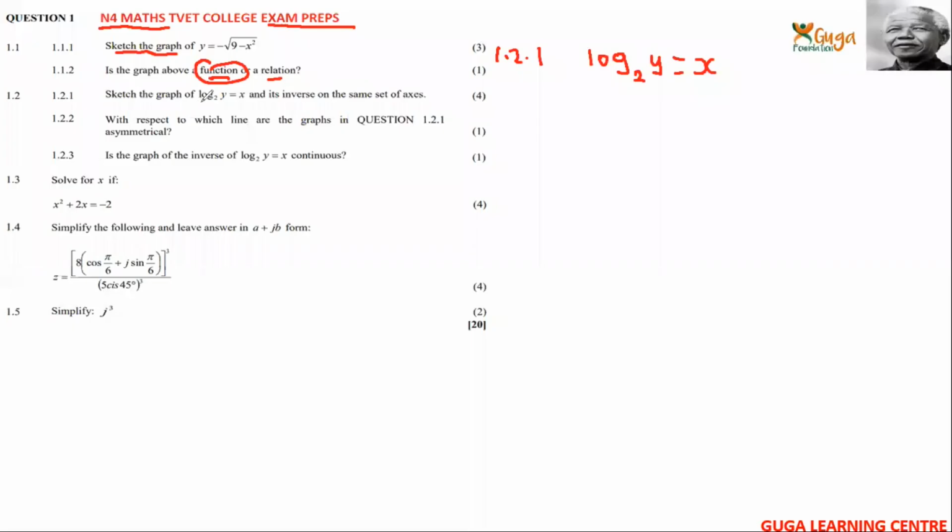So it's saying that sketch the graph of log base 2 of y is equal to x and its inverse on the same set of axes. Okay, so log base 2 of y is equal to x. This is equivalent, right? I can write y is equal to 2 to the power x. So I'm saying that this is equivalent to this one, all right?